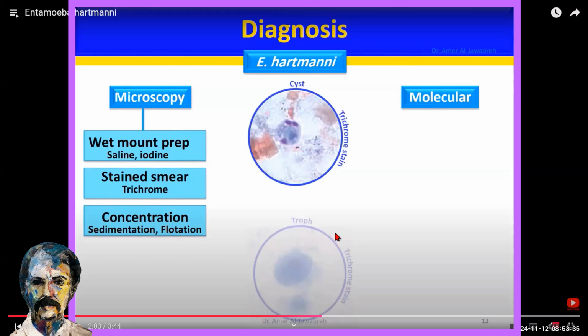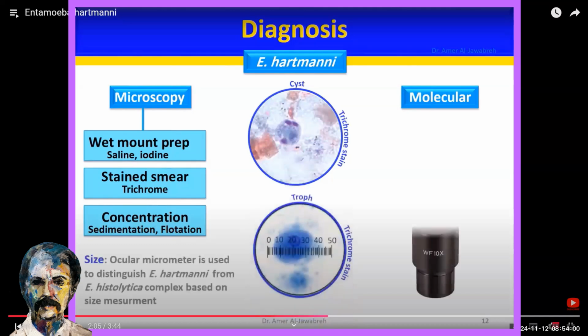In the iodine, you can see only the cyst, but clearer, so that you don't make a misdiagnosis. You don't diagnose the white blood cells as cysts. Then stained smear, trichrome or iron hematoxylin, but trichrome is better. And then concentration, so the sedimentation and flotation, which we will talk about in the lab.